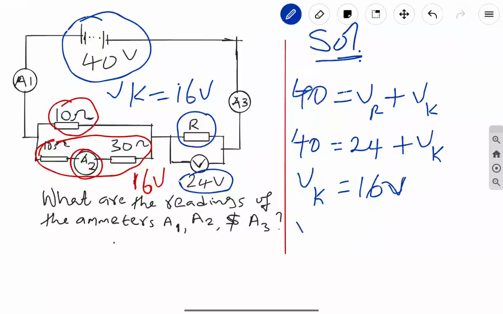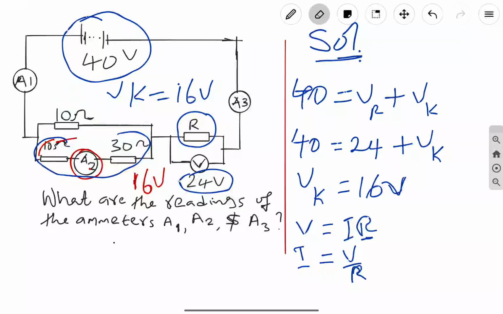Remember, Ohm's law states that voltage is equal to current times R. If I make current the subject of the formula, the current is going to be the voltage over R. But mind you, this R here is actually the total resistance between these two resistors. For these two resistors, I have 10 ohms and 30 ohms connected in series.